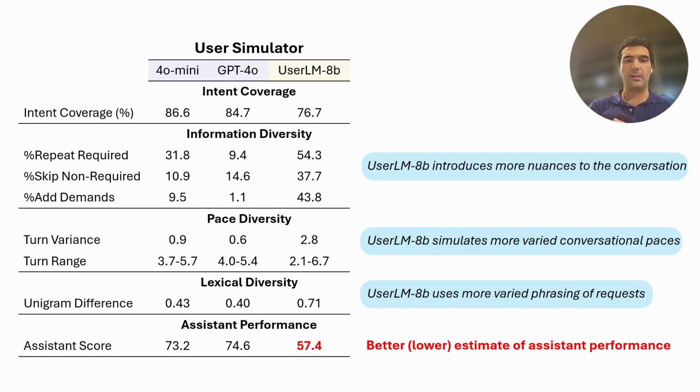What we find is that when you simulate with a benign GPT-4o model, the assistant on the other side has an easy time, right? Because it's very narrow, the information is revealed always in the same order. On the other hand, against user LM, the assistant performs much worse, right? And we argue this is more realistic and represents how user-AI conversations would occur in the wild for these given tasks.